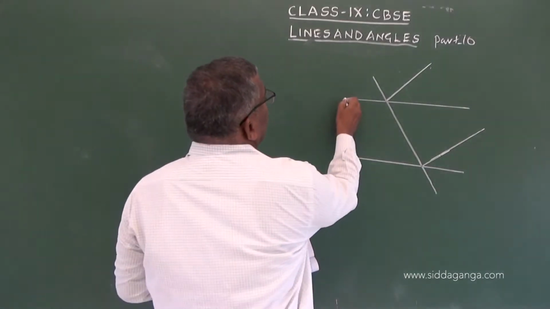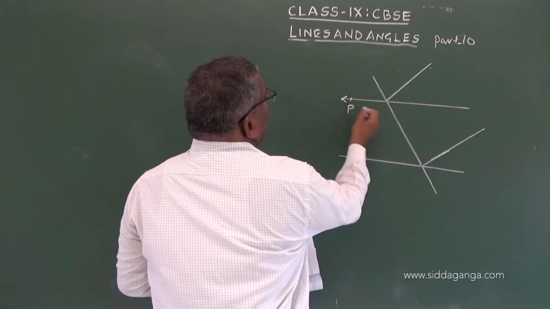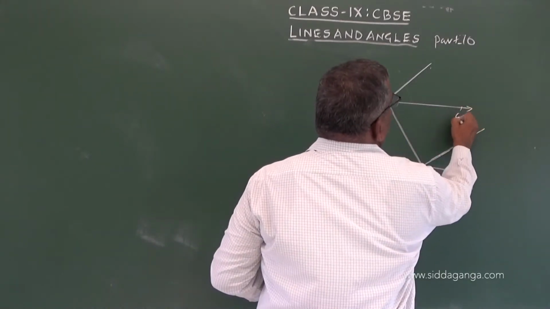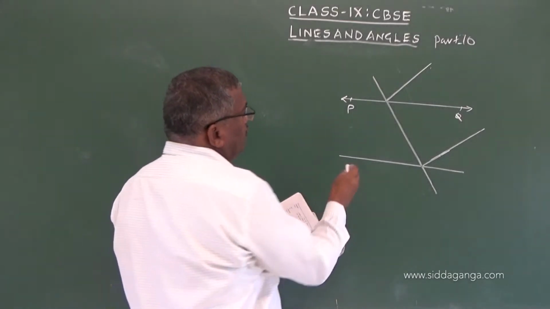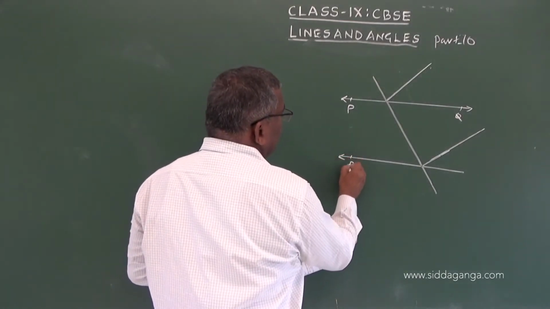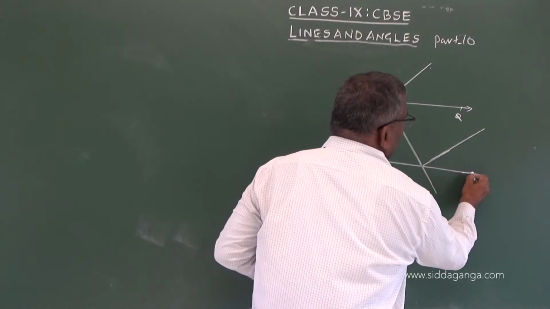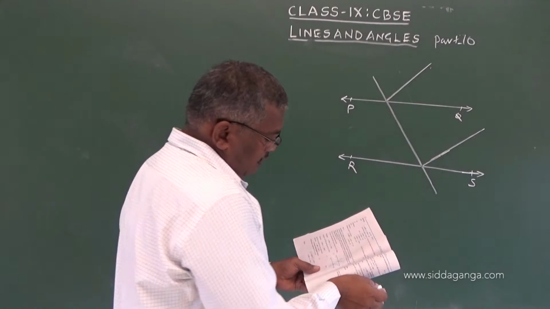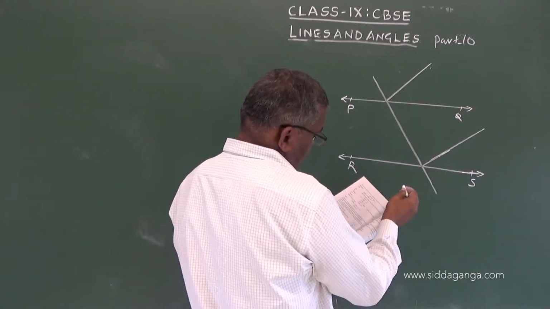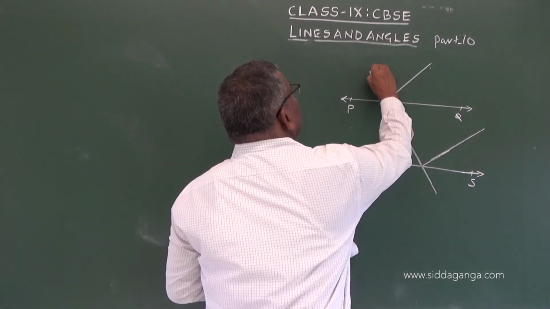So this is line PQ, line RS, and this is line AB.